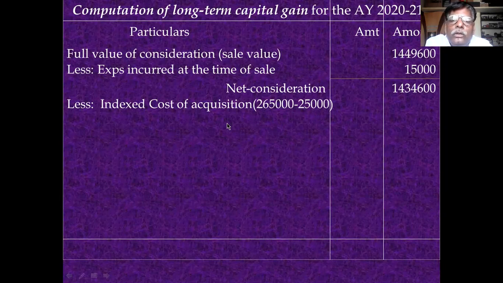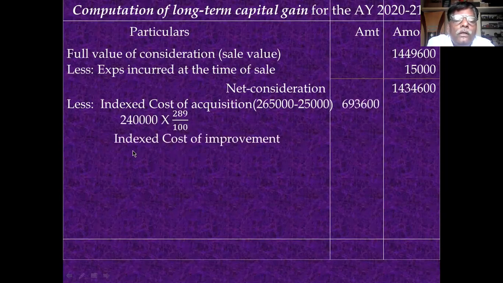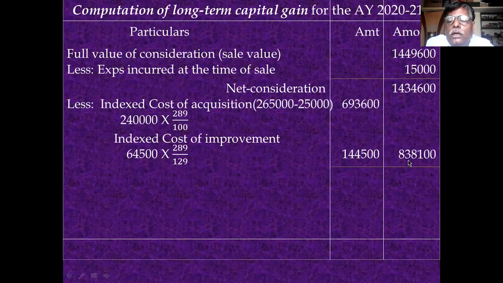You take the direct cost, so 2,40,000 into 249 divided by 100. Then you take the improvement cost, 64,500, and apply it. Then the total cost is 8,38,100. You deduct the total cost. Then the gross long-term capital gain is 5,96,500.